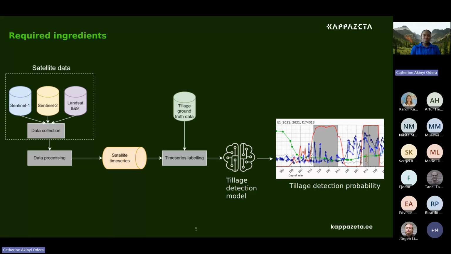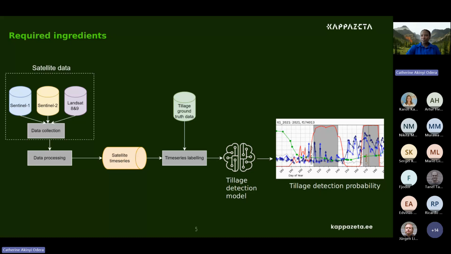So we opted to also supplement the data by using data that was obtained using high resolution imagery from Google Earth and also orthophotos. With that, that served as input into our tillage detection model, which was trained and validated, and we ended up with a tillage detection probability as a result.